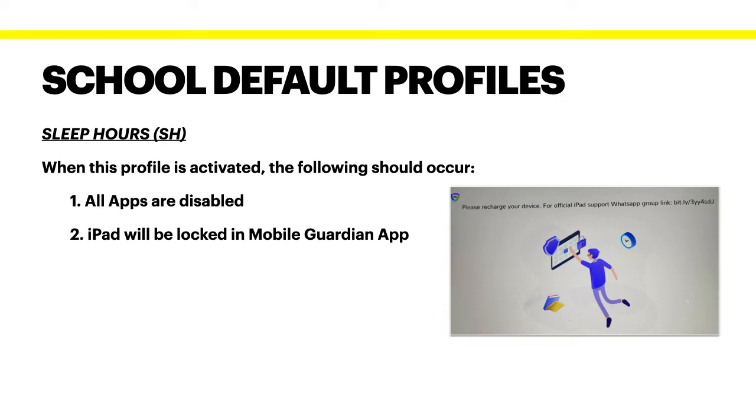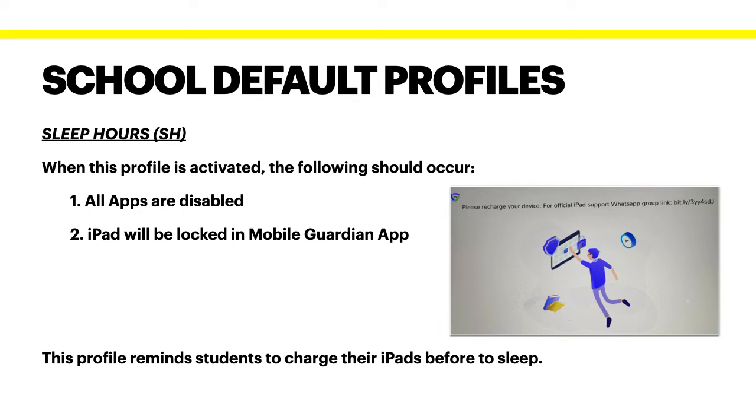So usually you would see the title or the sentence on your iPad stating to recharge your device, and if there is any official support that you require, the group link is there, right? So this profile will remind students to charge your iPads before you go to sleep.